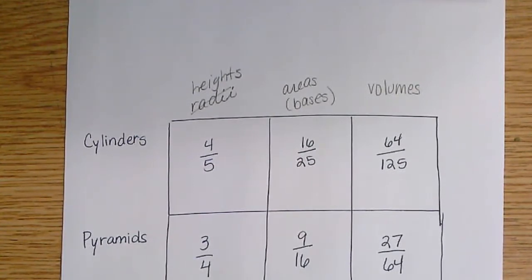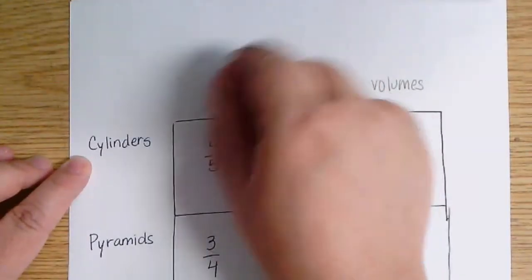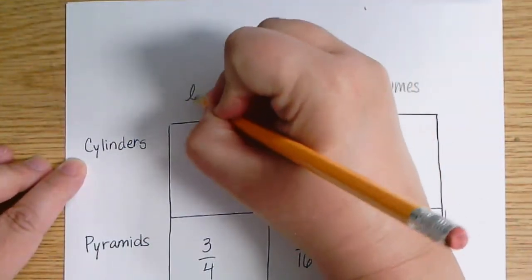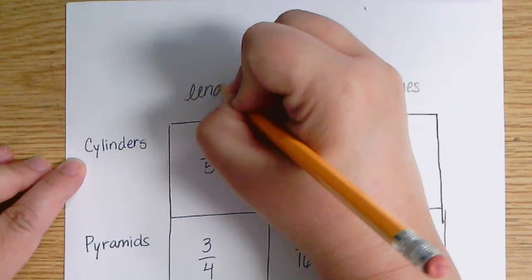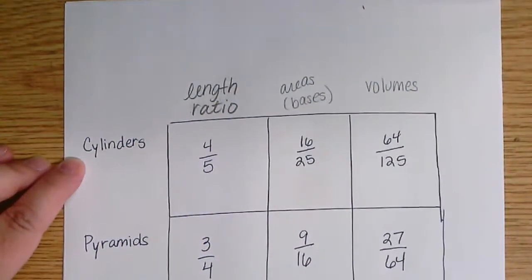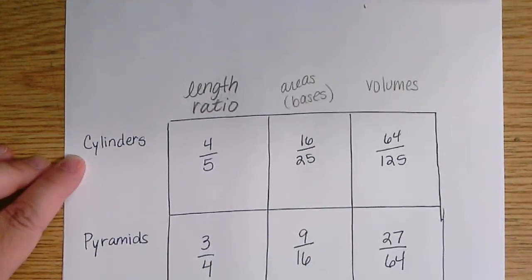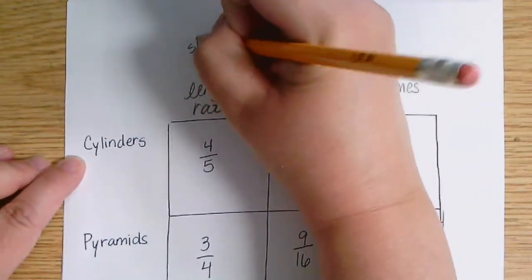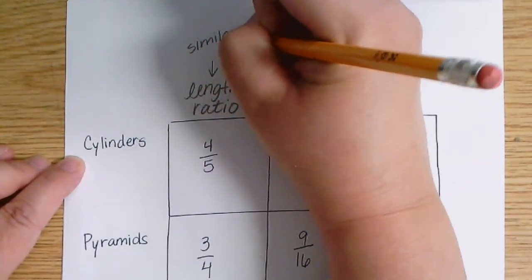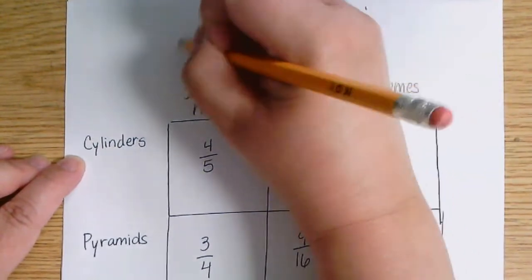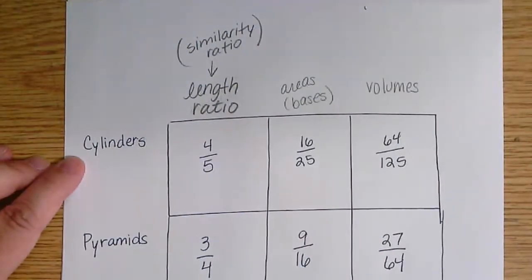So we're just going to say the ratio of the lengths is what we're looking at here. Okay? And we already said that's going to be the same as the similarity ratio. And if they're using the term loosely, your scale factor.